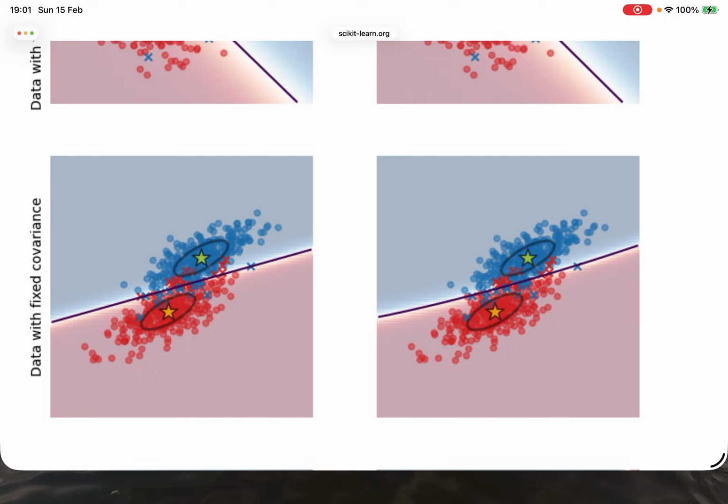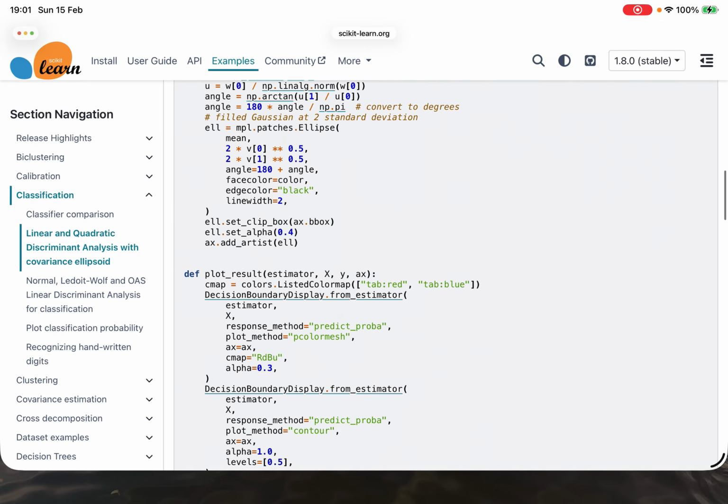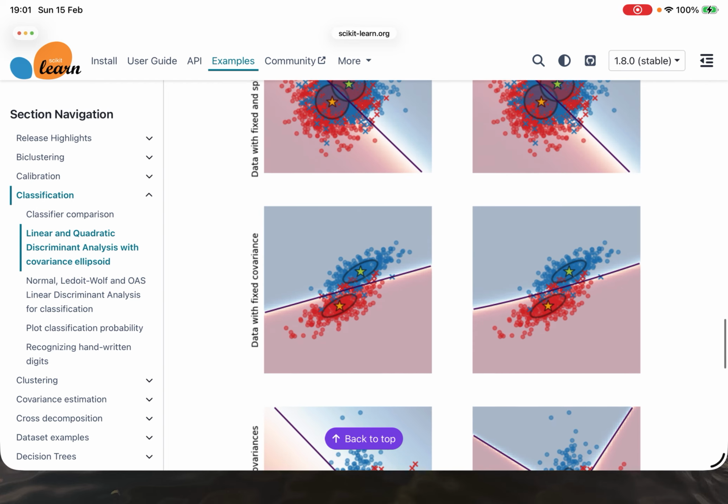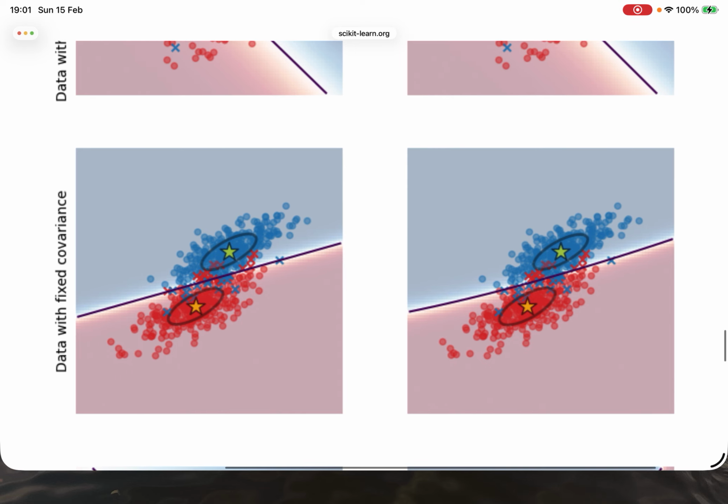But the two sets of features of different classes are still distributed in a very similar way. That's the reason why LDA and QDA still perform the same: the covariance still fits the assumption.